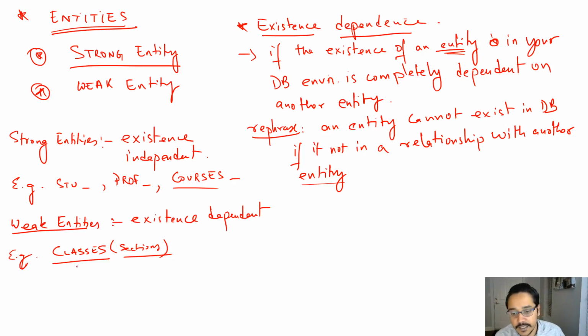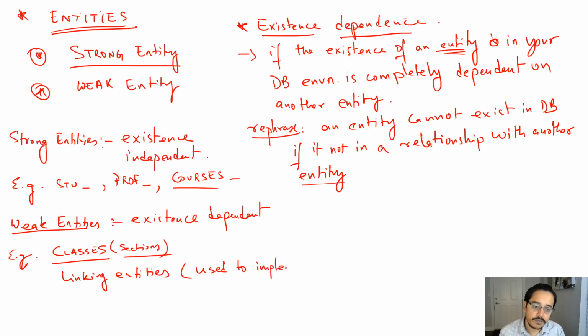Then any kind of linking entity, which is basically used as a bridge entity or associative entity, there are different names for it, right? Used to implement M to N relationships. They're all existence dependent.